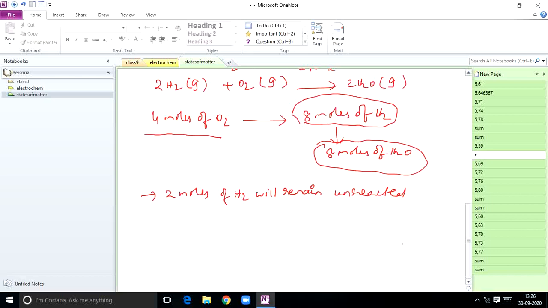So while taking, if you want to calculate final pressure, so I am calculating final pressure.